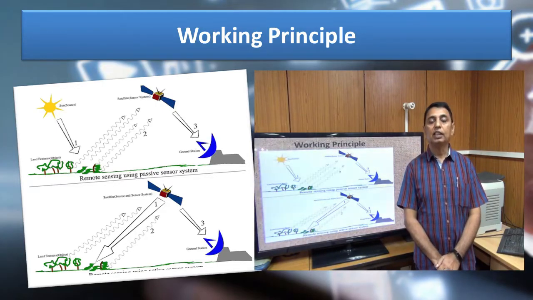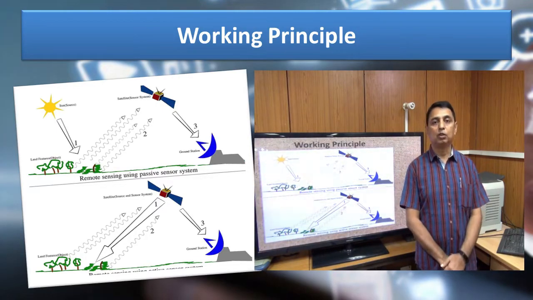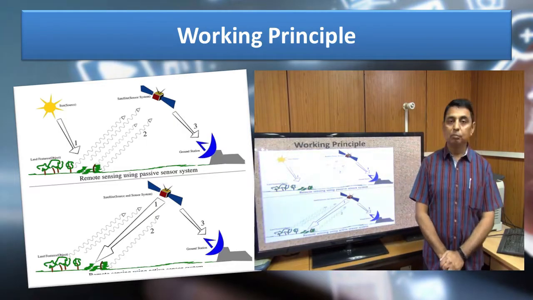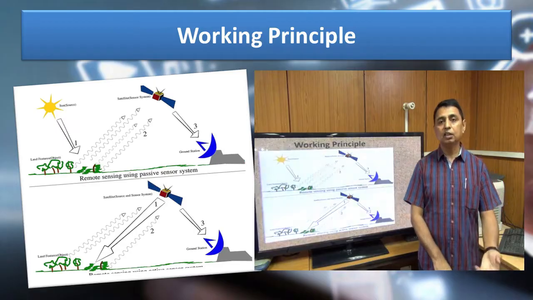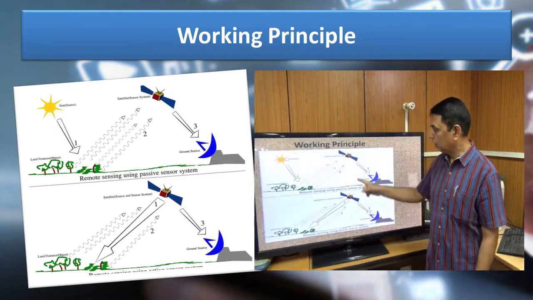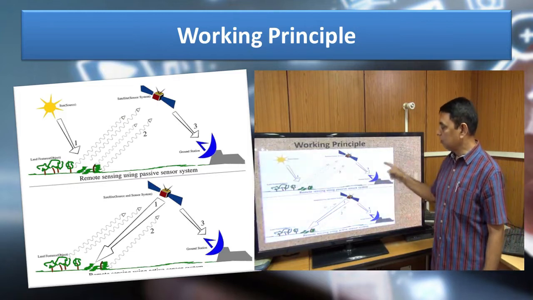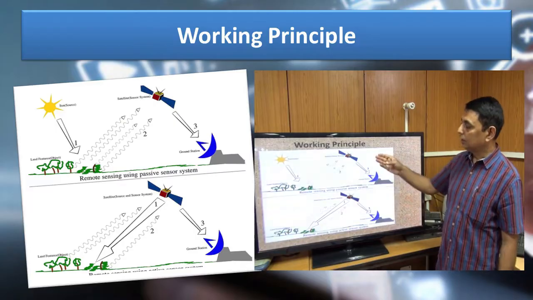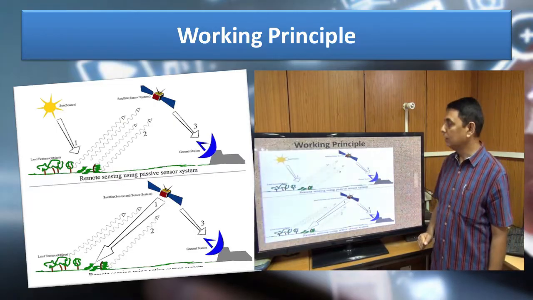Now, working principle. Remote sensing has two working principles. One is based on an active sensor, another on a passive sensor. First, the passive sensor. Here the sun is the source of energy.